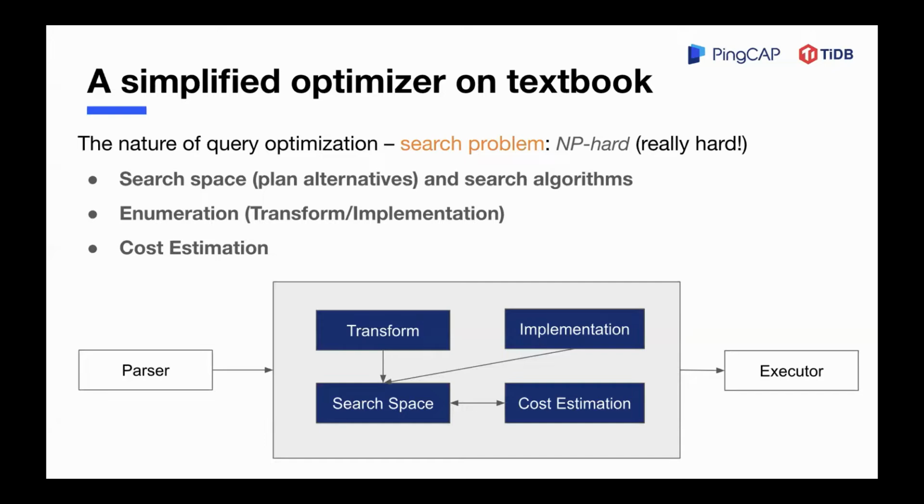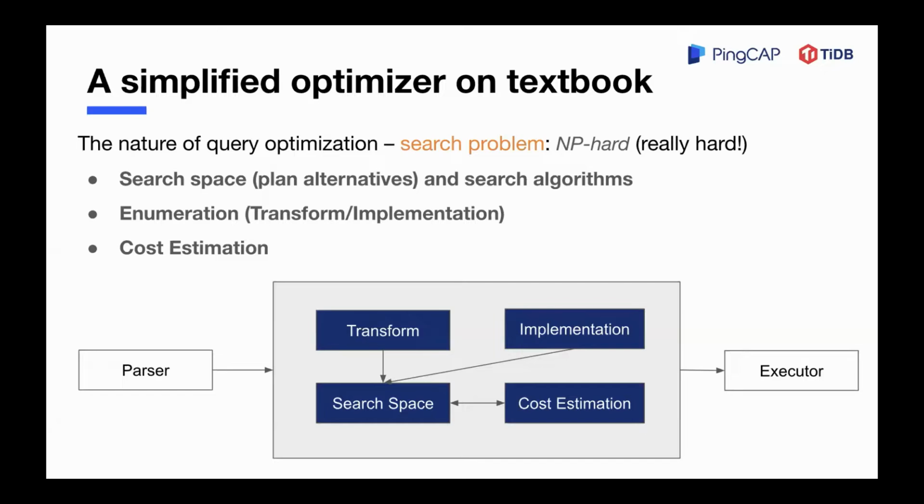To do that, we have both transformation and implementation. Transformation means that given a query, we have several rules to rewrite the query, or do some kind of query transformation. Each of these rewritten queries is equivalent in the query semantics.